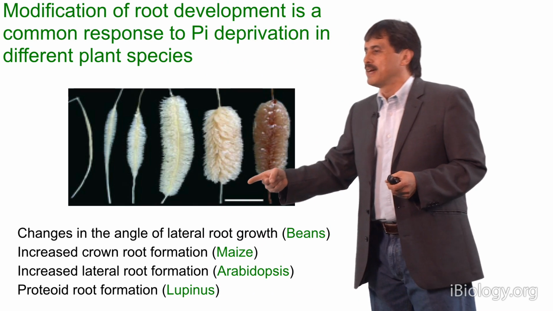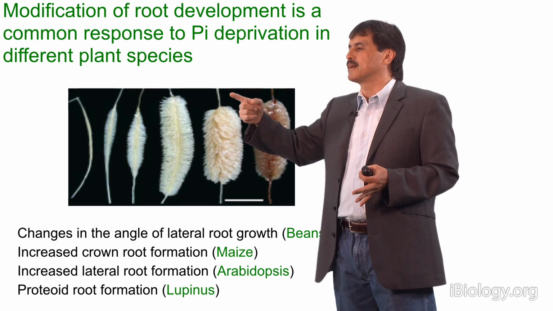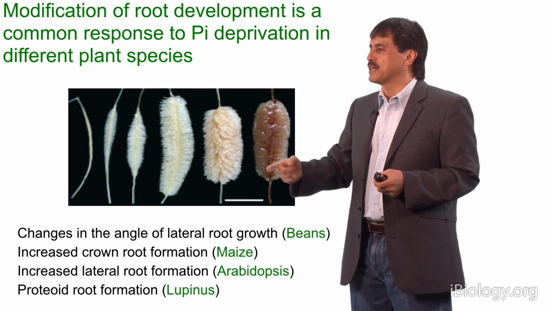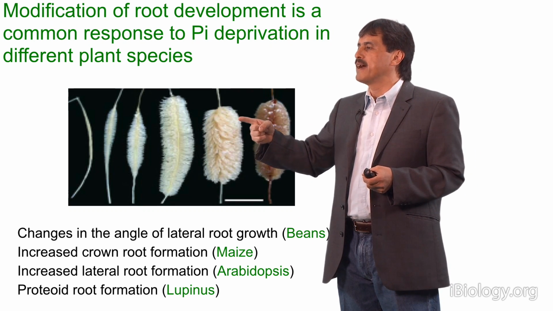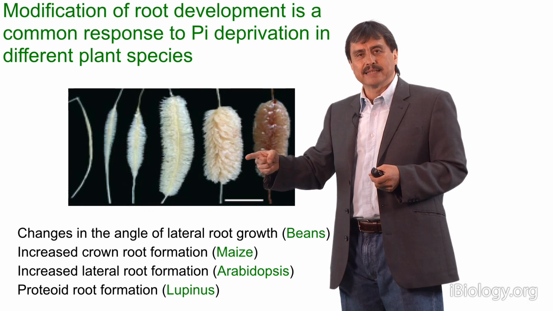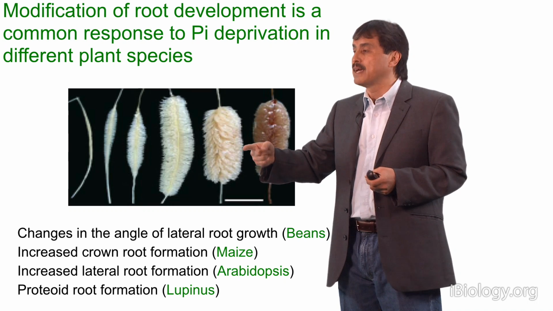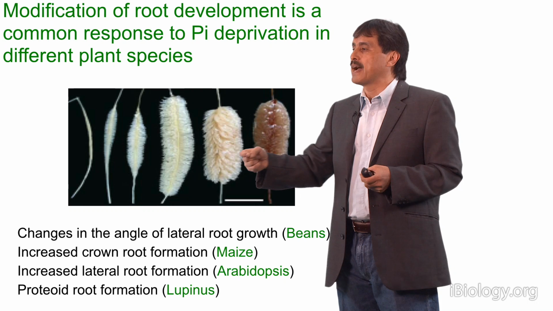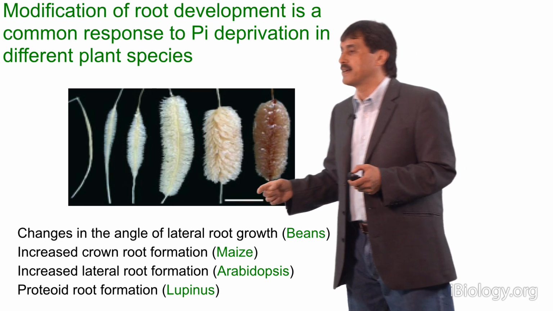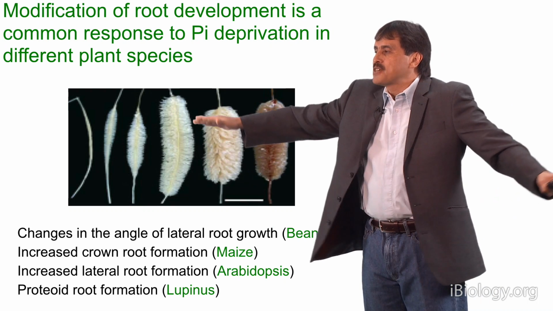For instance, these are proteoid root formations. They are clusters of roots that are formed in the roots of certain types of plants, such as lupinus, in which you have a very dense formation of lateral roots that are specialized in the uptake of phosphate. They accumulate high levels of phosphate transporters, they excrete a lot of organic acids, they produce a lot of phosphatases. So these changes are very interesting, but there can be many different ways in which you can make a shallow system.